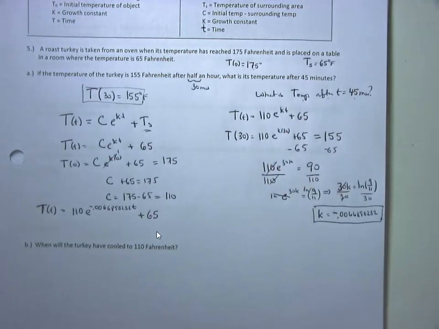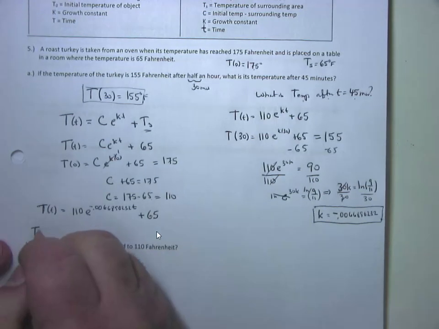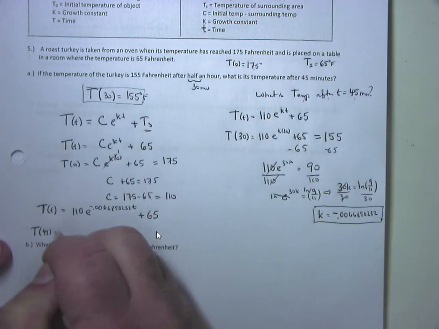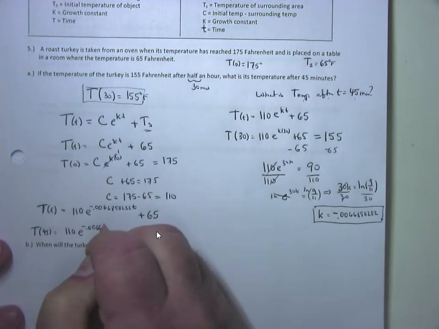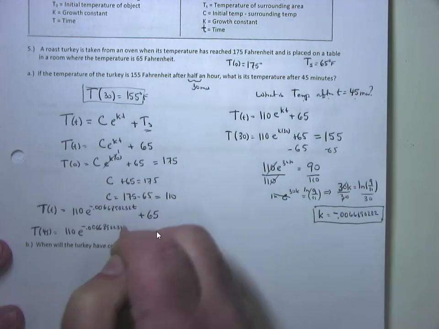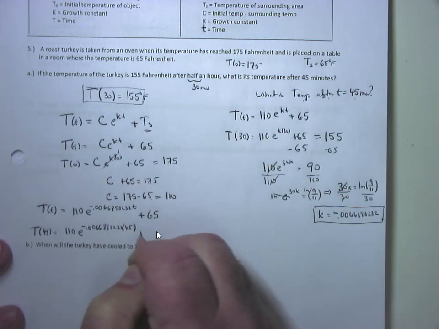What am I going to do to this problem? Plug in 45. So the answer to the question, T of 45 is equal to 110 e to the negative 0.0066890232 times 45 plus 65.